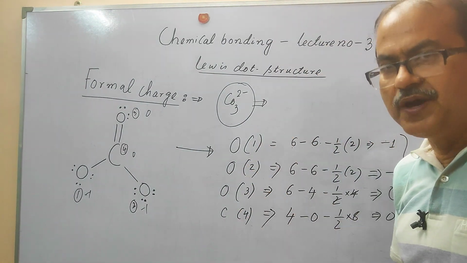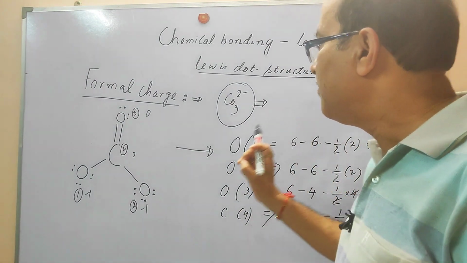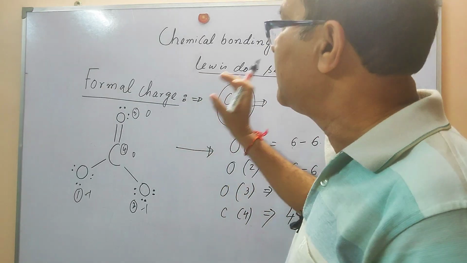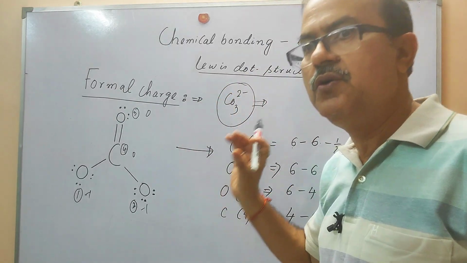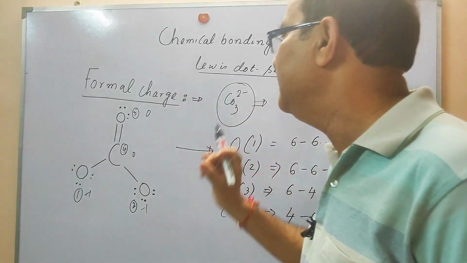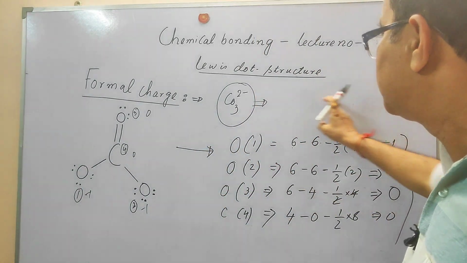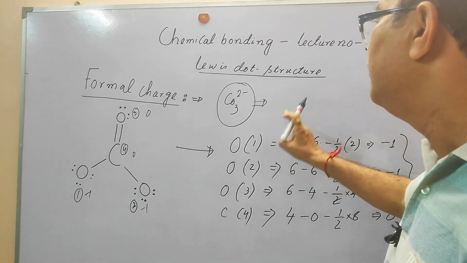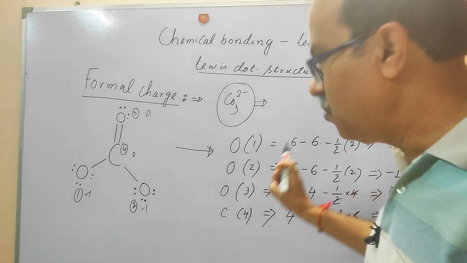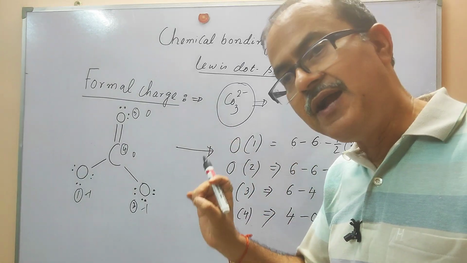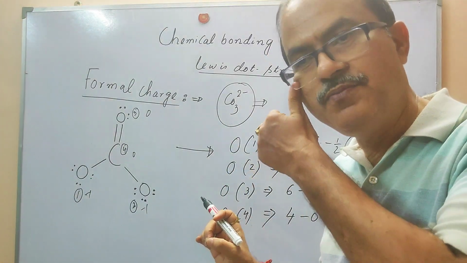For this, we first have to write the Lewis structure correctly. After that, using this formula, we can know the formal charge on particular atoms of that molecule.